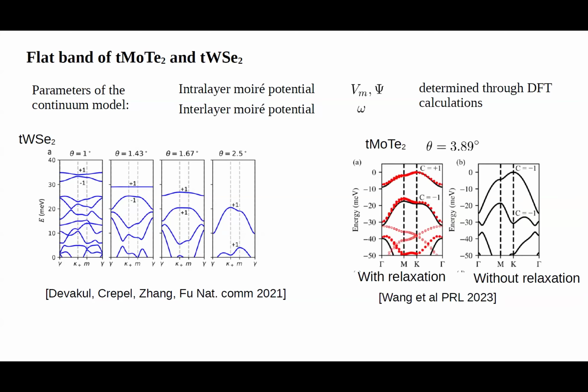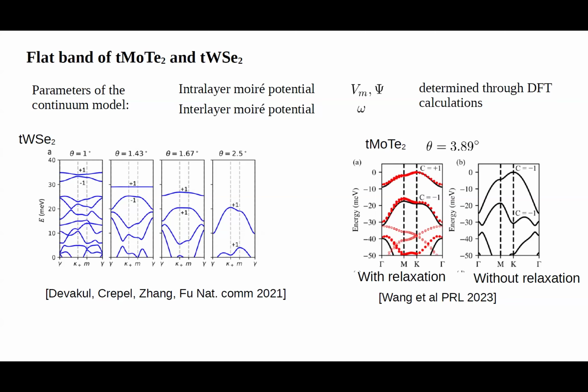This is an example for twisted MoTe2 of results without relaxation and with relaxation. So we see that it plays a really big role. I think the reason this calculation was made was after strongly correlated phases were observed in this material. It came as a surprise that they were observed at a relatively large twist angle, larger than what was expected earlier.